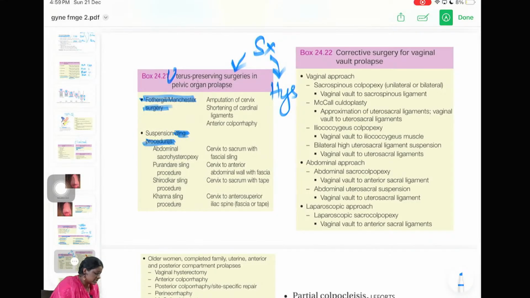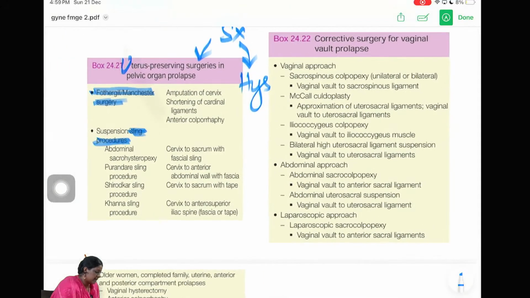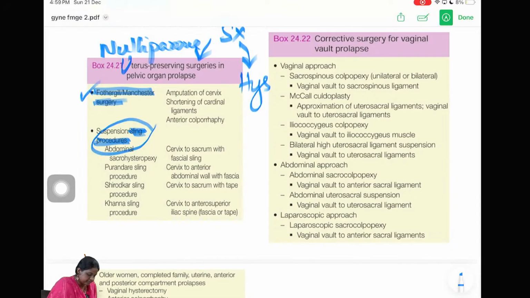Why do you want to conserve the uterus in case of nulliparous prolapse? In nulliparous prolapse, the patient has not yet conceived, so you need to save the uterus. In those conditions, you either go for Fothergill's or sling procedure.